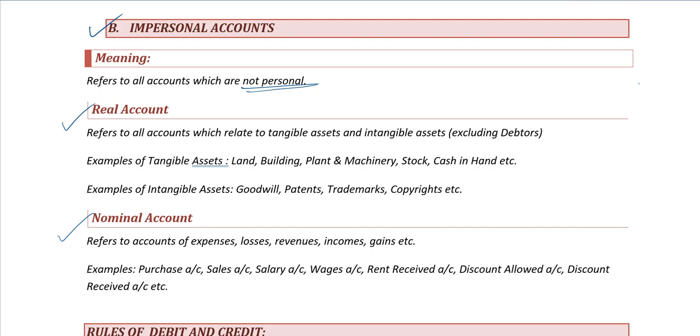Real account refers to all accounts which relate to tangible assets and intangible assets excluding debtors. As we've already seen, debtors is a personal account. So real account refers to accounts of other tangible and intangible assets.